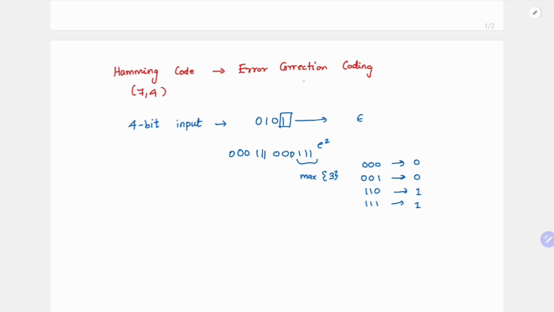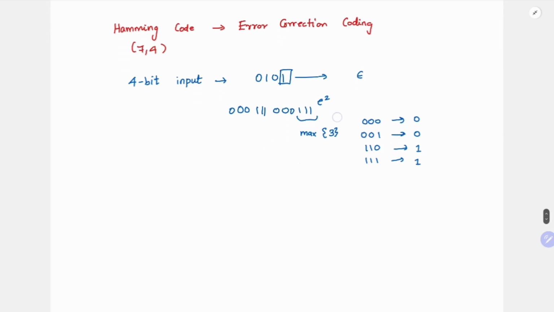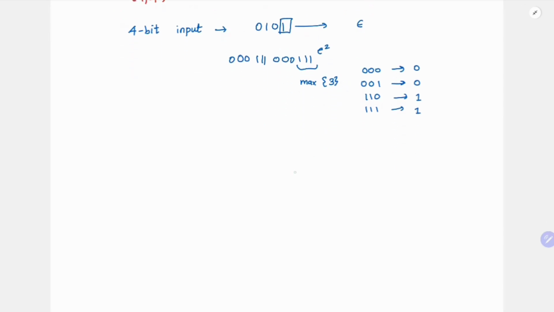Similarly, Hamming code is one such error correction coding. In this, we leave out the places where 2 power n comes. So 2 power 0 is 1, 2 power 1 is 2, 2 power 2 is 4, 2 power 3 is 8. So we leave out these places.